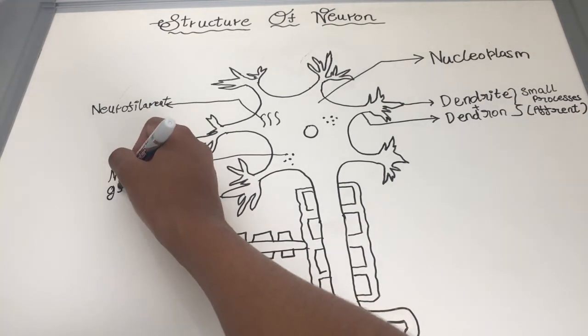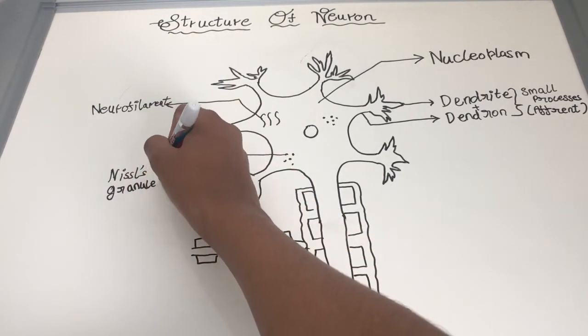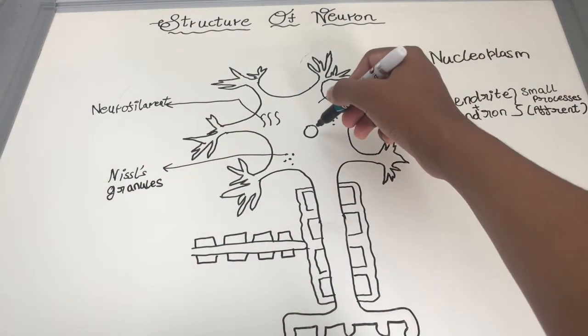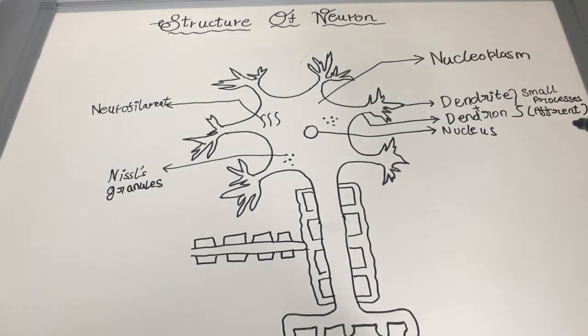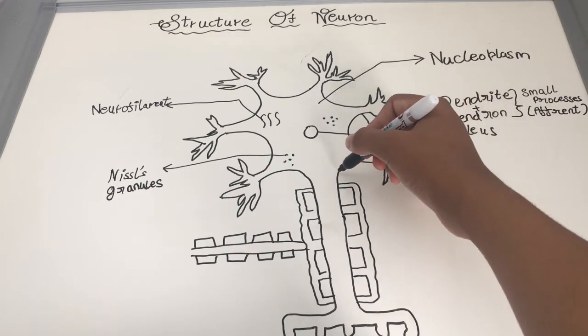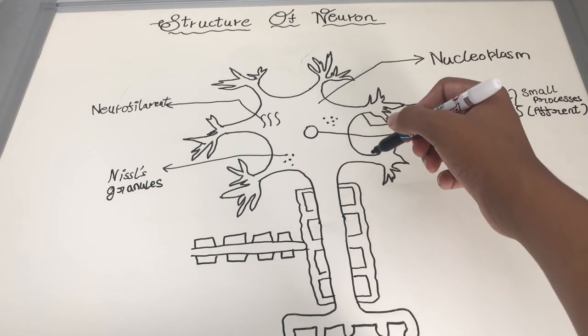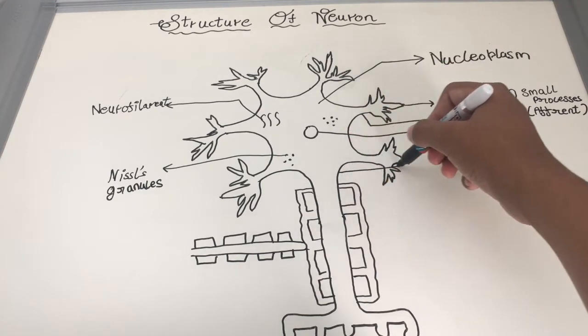These are nothing but they are composed of the RER, rough endoplasmic reticulum, and the ribosomes. This will be our nucleus. Now you can see this neck part where the axon is starting. This is known as the axon hillock, where the neck starts.